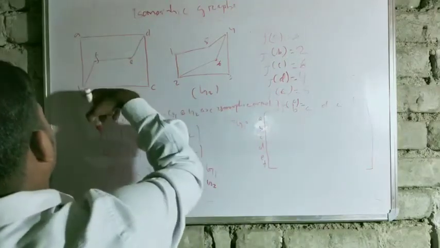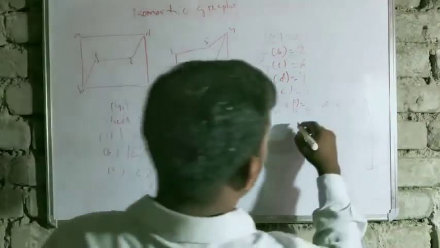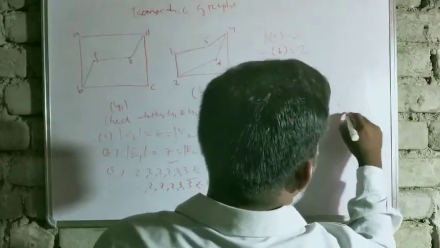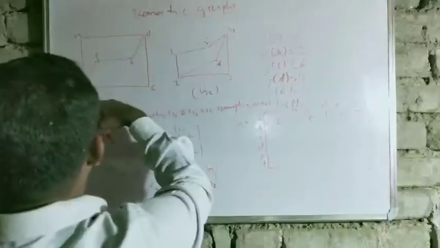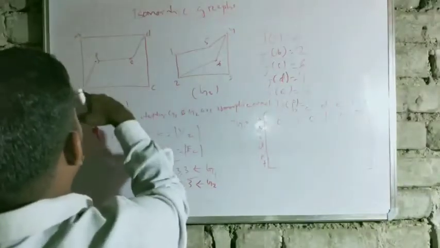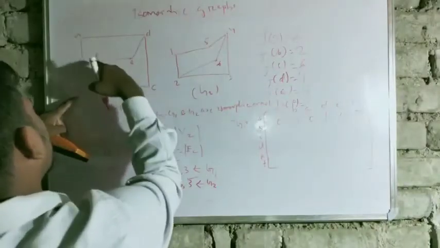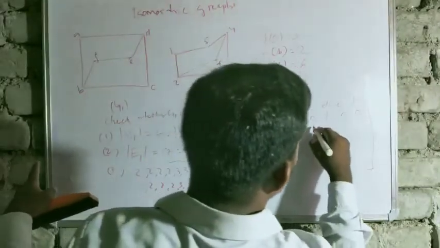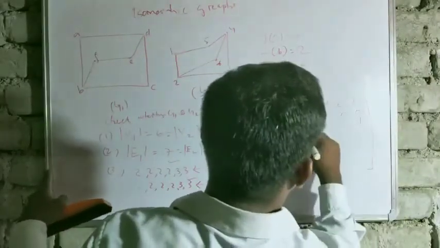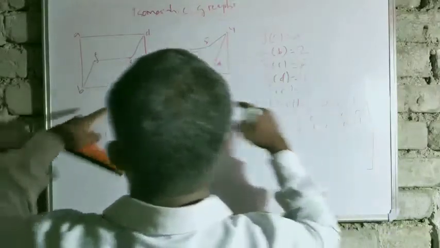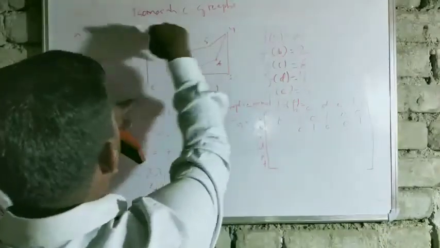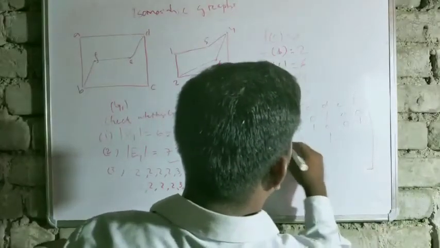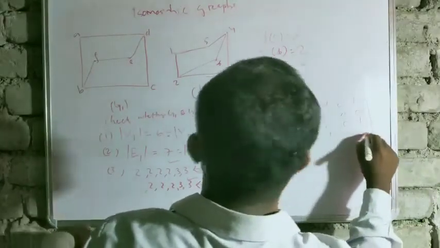A is adjacent to only B and D, so B and D will be 1 and the rest are 0. Similarly, B is associated with A, C, F, and the rest are 0. Similarly, C is associated with only B and D, and the rest are 0.